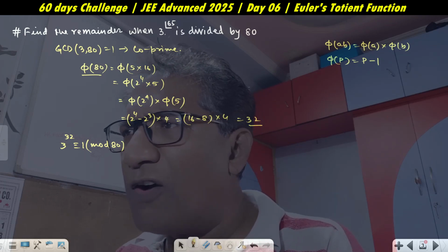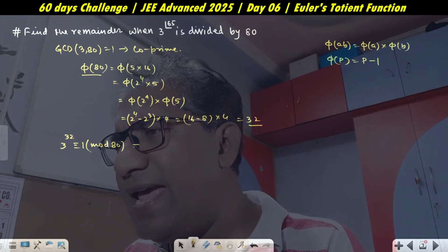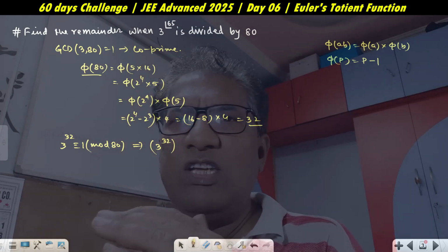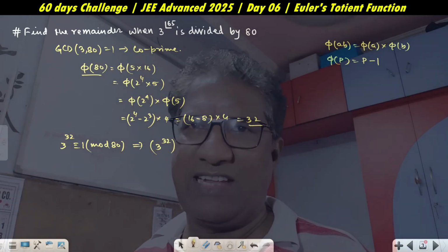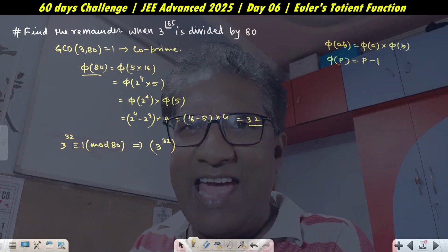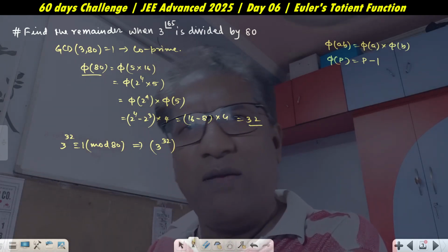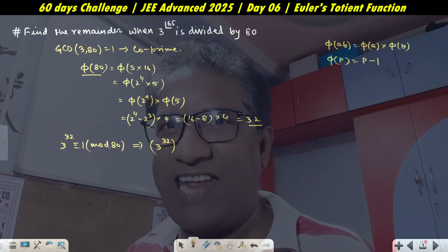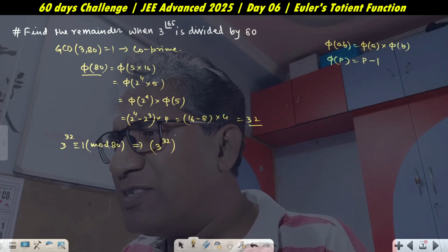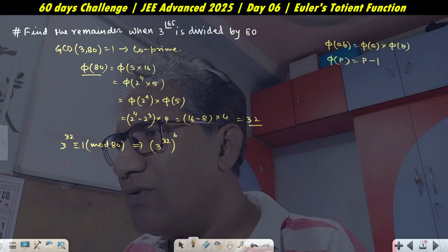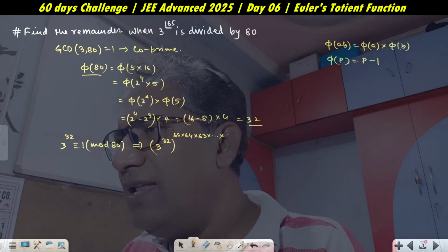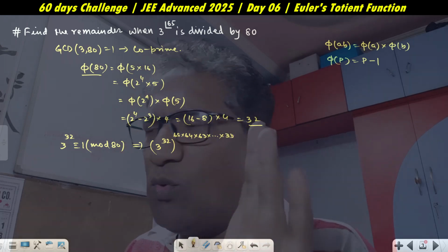But we have to go for factorial 65. So I'm simply raising its power, because you can raise its power to any extent, and in that case your remainder will still remain 1. That is an advantage we are always taking. So I'm raising its power to 65, 64, 63, and this goes on till 33. Then 32 I will not write.